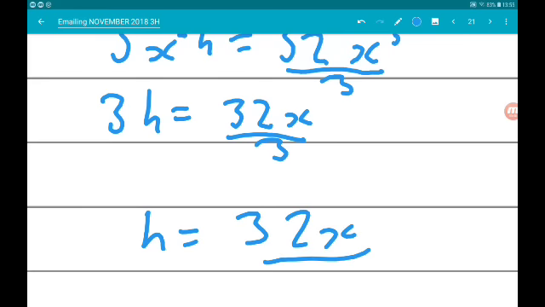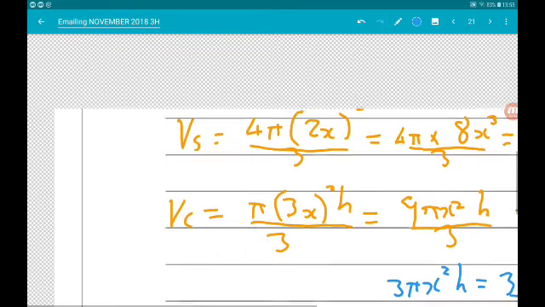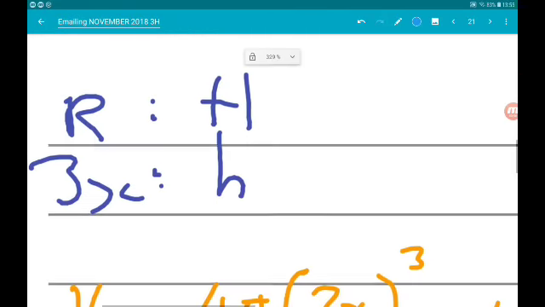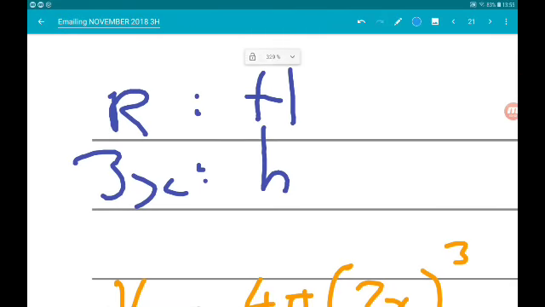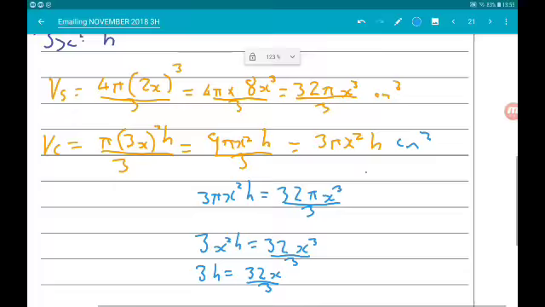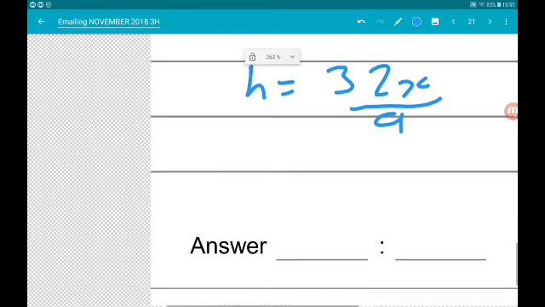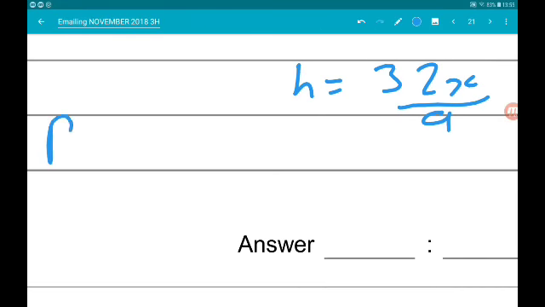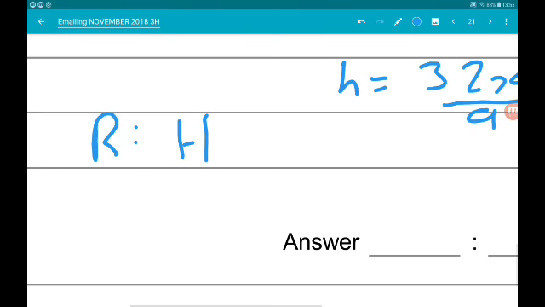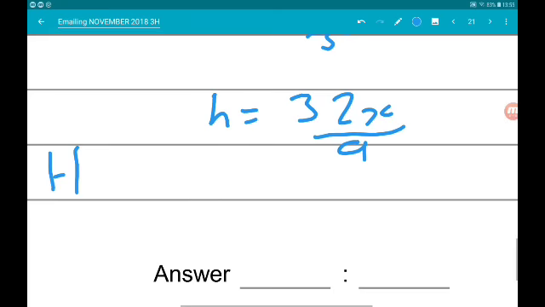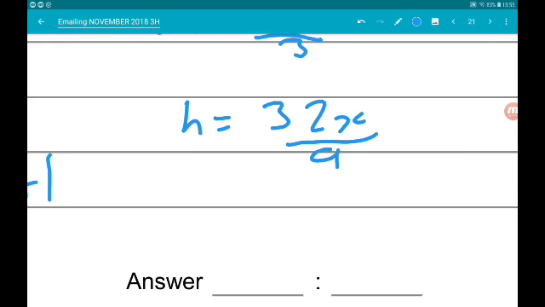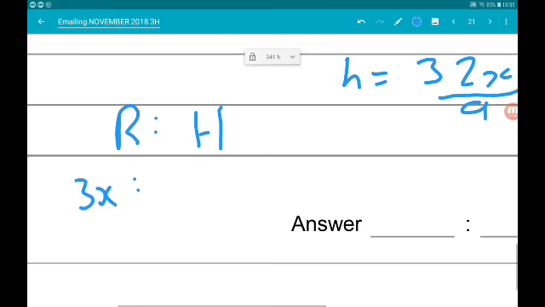32x over 9. So remember from the start we had this ratio 3x to h, so we've now got r to h is 3x to 32x over 9.